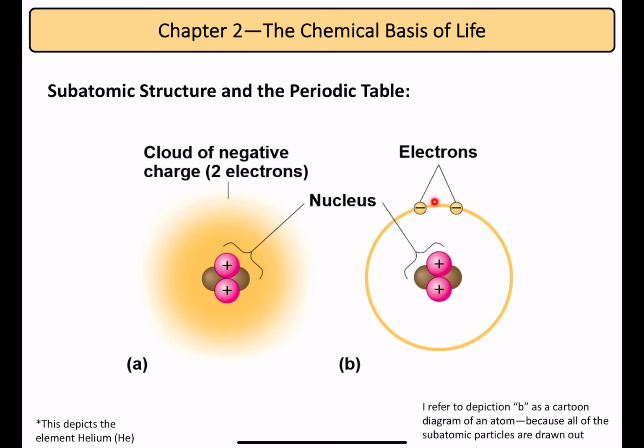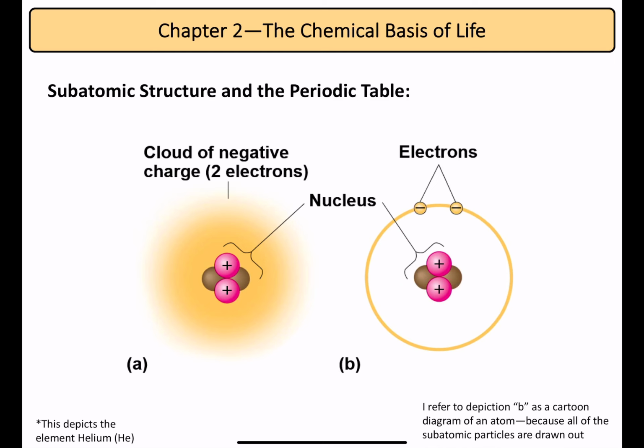And then surrounded by the 2 electrons. So the electrons, which each carry a single unit of negative charge, they're attracted to the protons. So they're found circling or orbiting the atomic nucleus. And then there's a lot of empty space in between the electrons and the atomic nucleus.